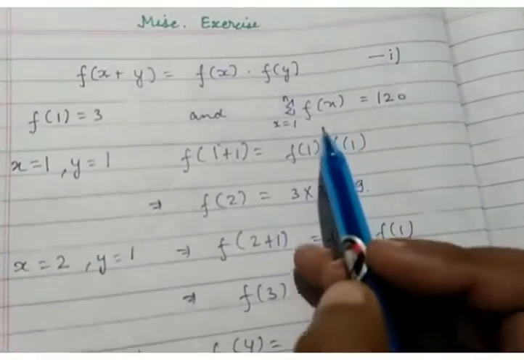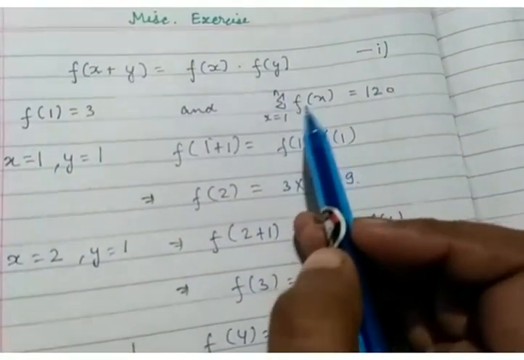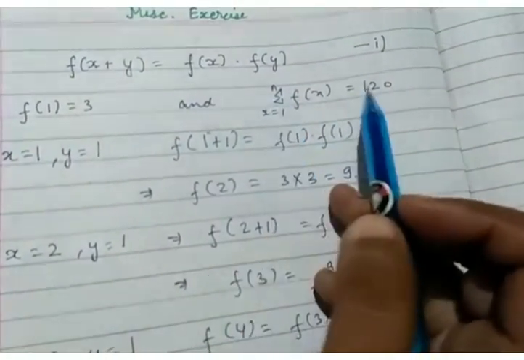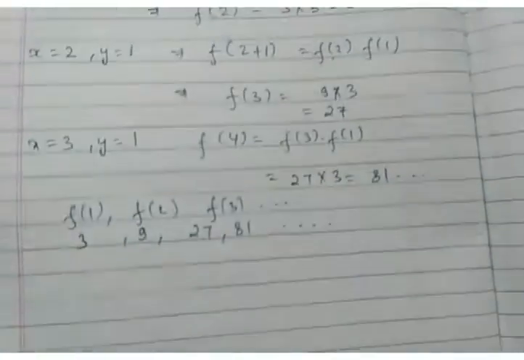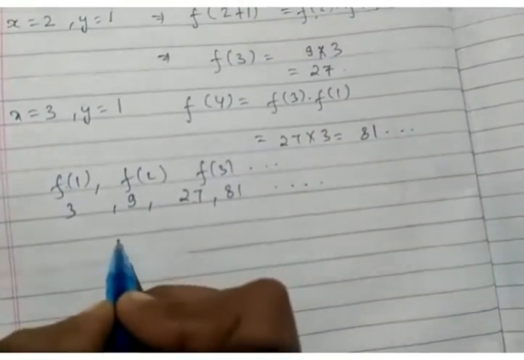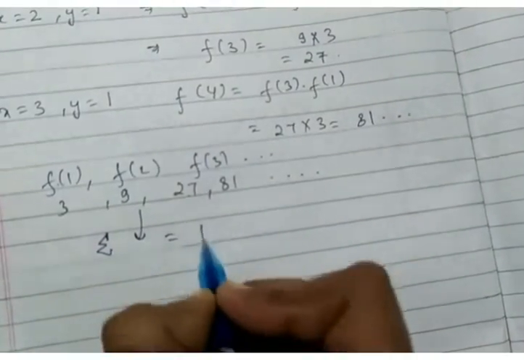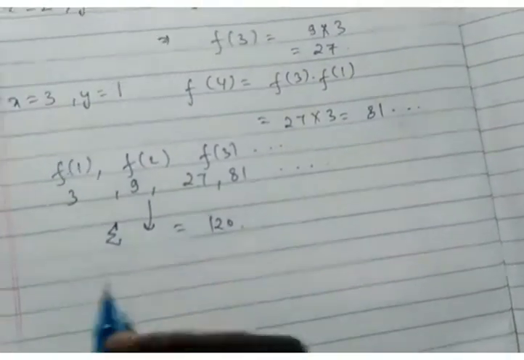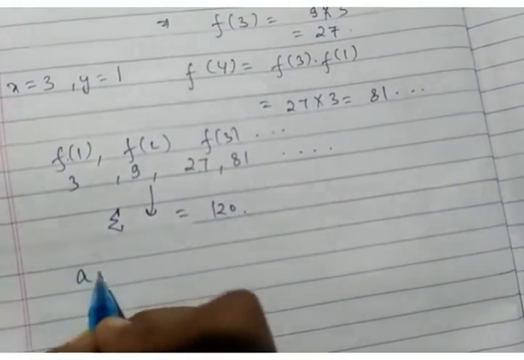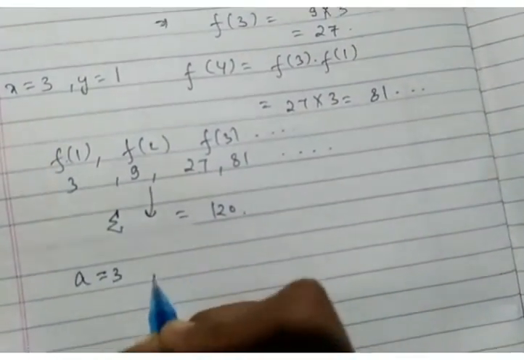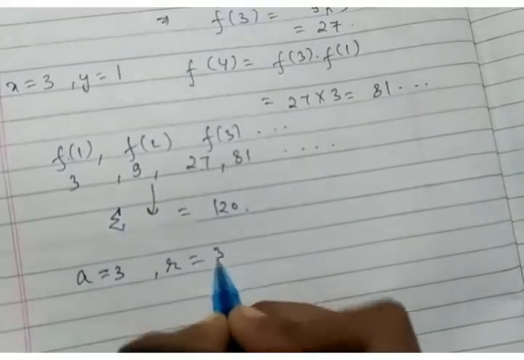Now in the question it has been given that summation of f of x from x equals 1 to n is 120. So we are going to use that concept. We will have the sum of this series equal to 120. So in this series we have the value of a as 3 and r is also 3.